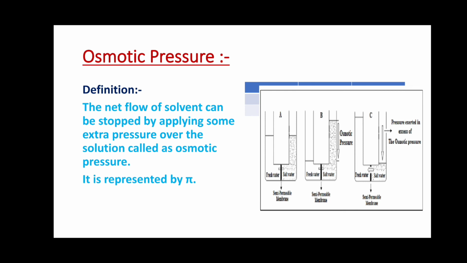To stop the flow of the pure solvent, we have to apply external pressure on the solution. This external pressure is called the osmotic pressure. It is represented with pi.